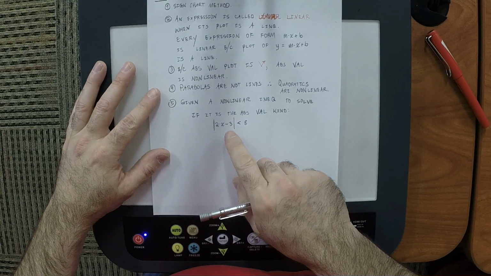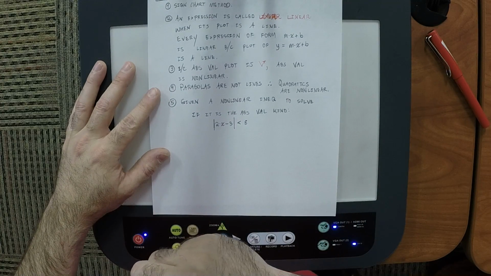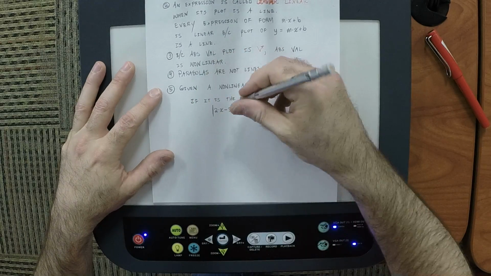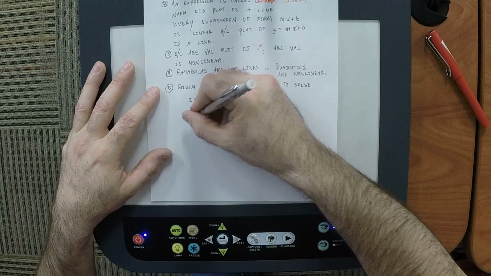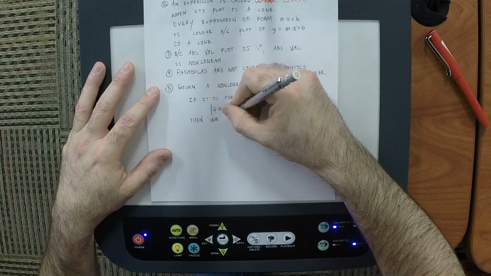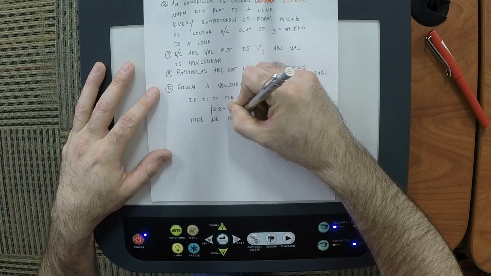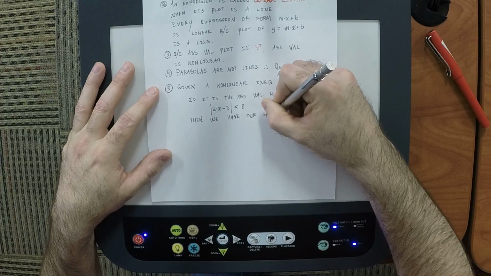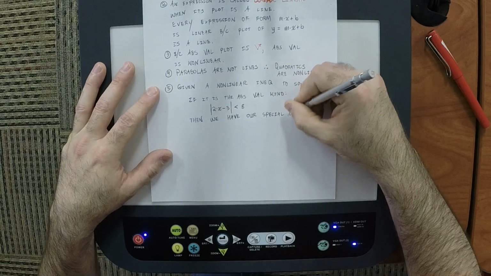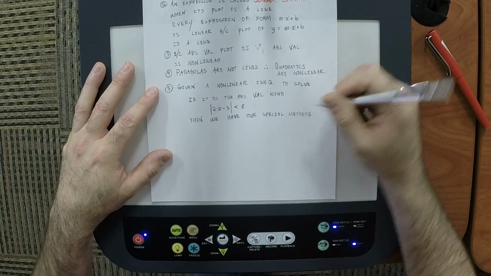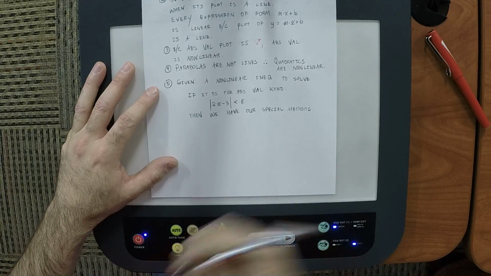So, it's nonlinear, but it's this special kind. Then we have special methods to solve such things. So that's from Wednesday of last week.